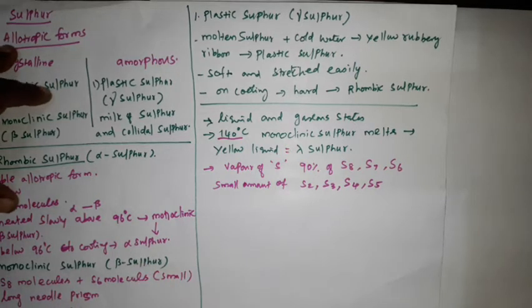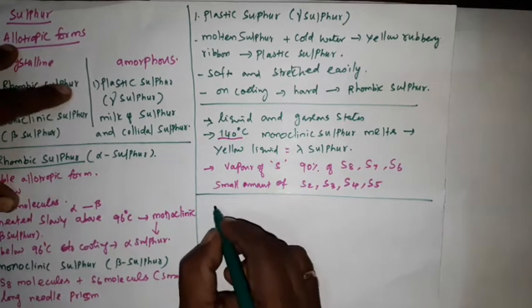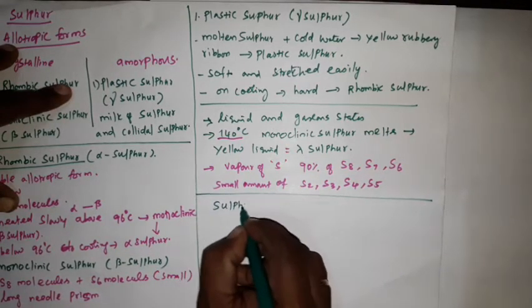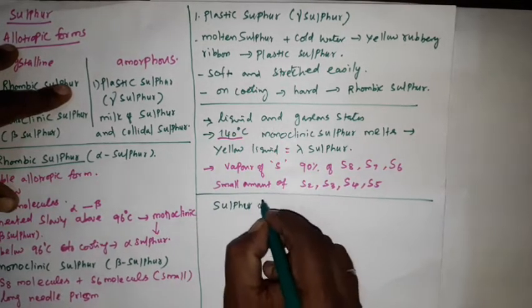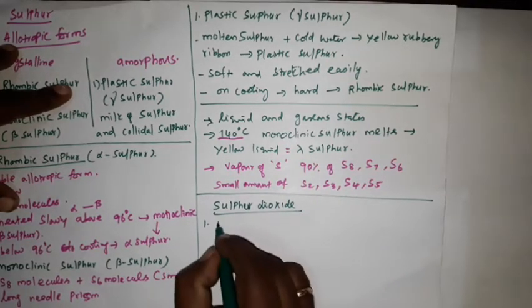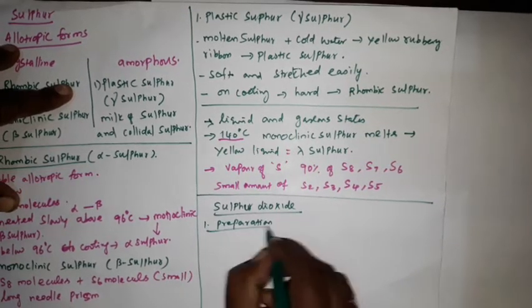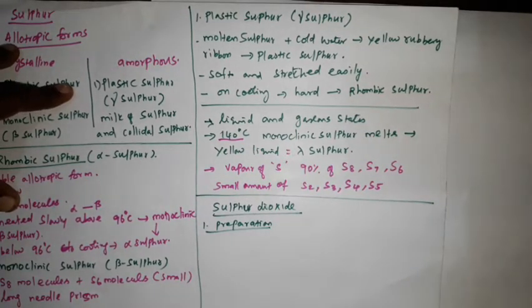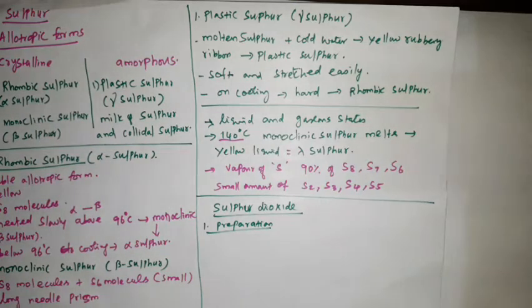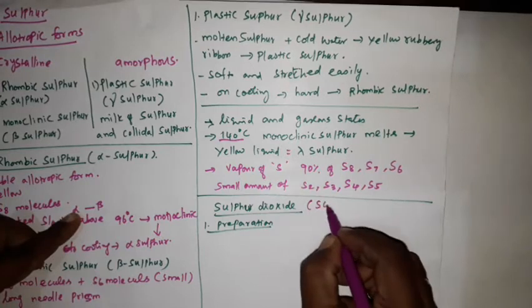Now we are going to see sulfur dioxide. The first one is preparation. How sulfur dioxide is prepared, that we are going to see. The formula of sulfur dioxide is SO2.